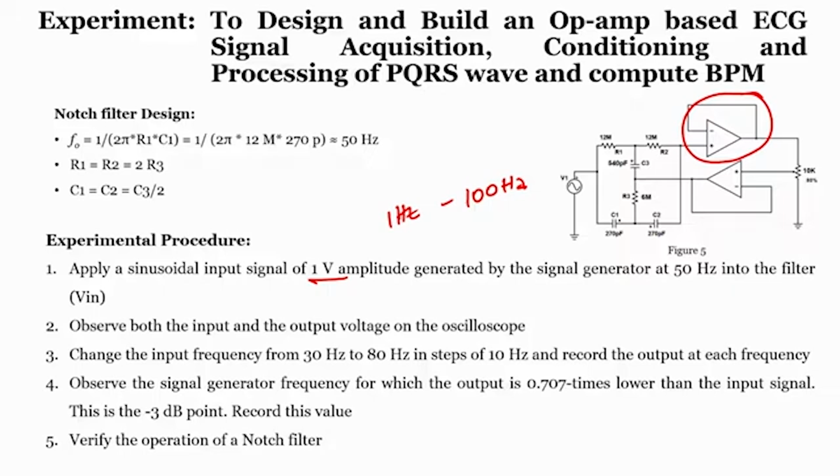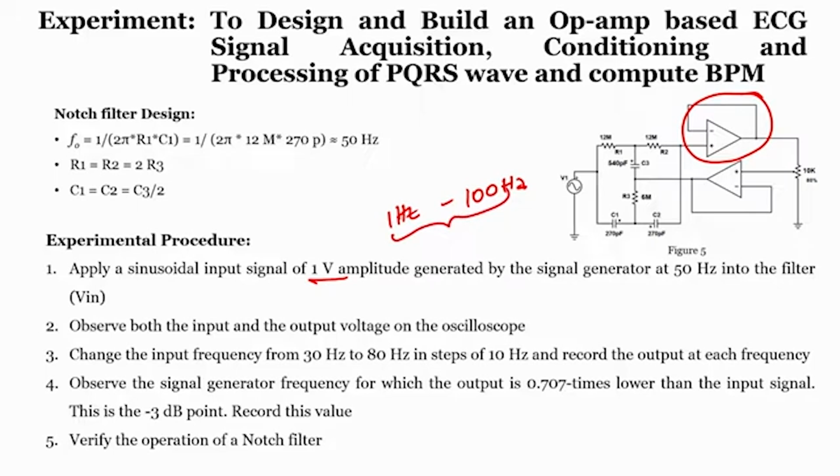We do not have to test our circuit in frequency ranges lower or higher than that, which are not in our interest. The complete frequency range of interest is between 1 hertz and 100 hertz.